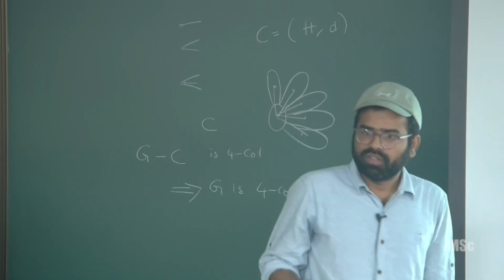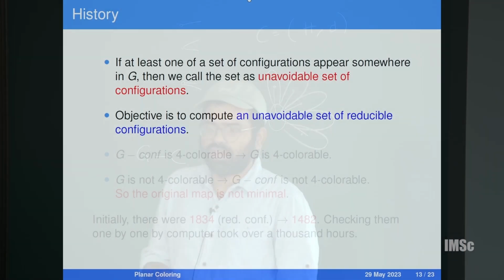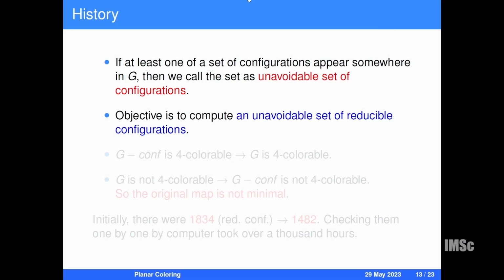Okay, so now they define something called an unavoidable set of configurations. These are the configurations such that every graph should have a subgraph that is contained in this set. So this is a set of configurations like C1, C2 and so on. Take any graph, it should contain a subgraph that is in my set.